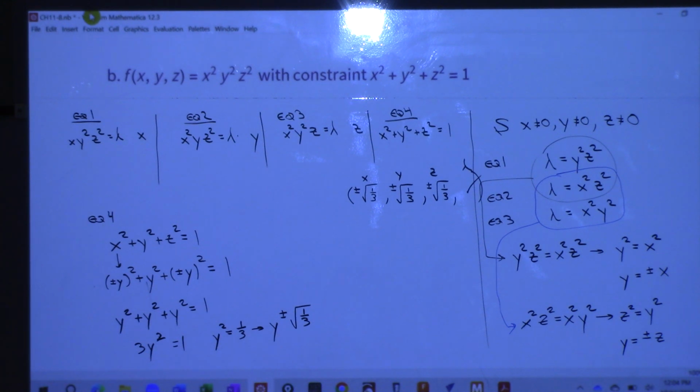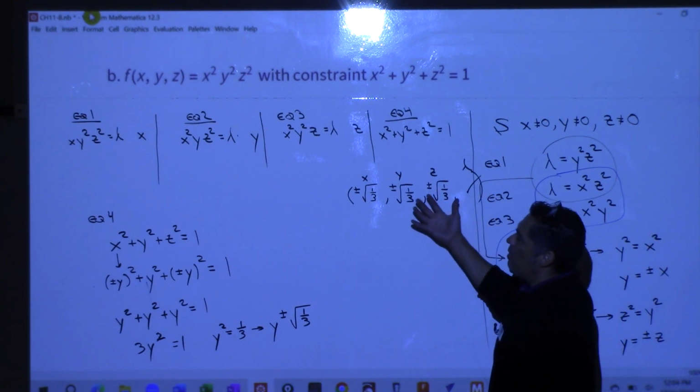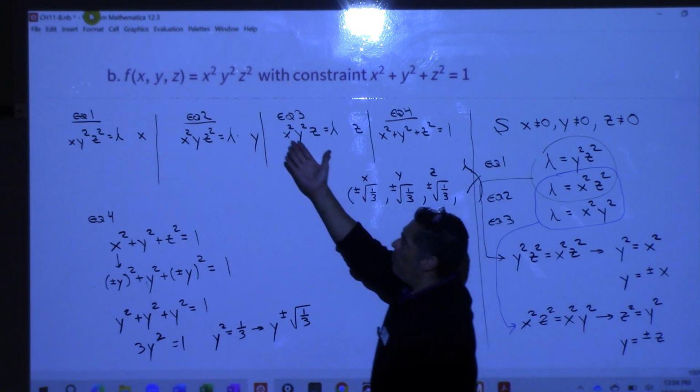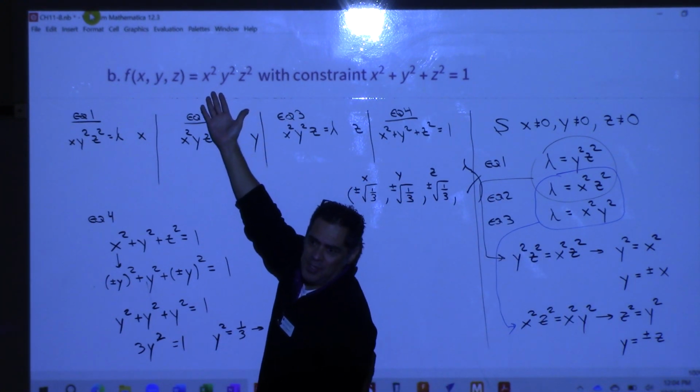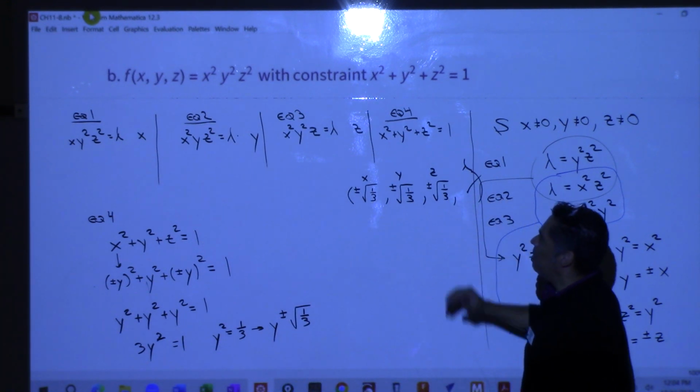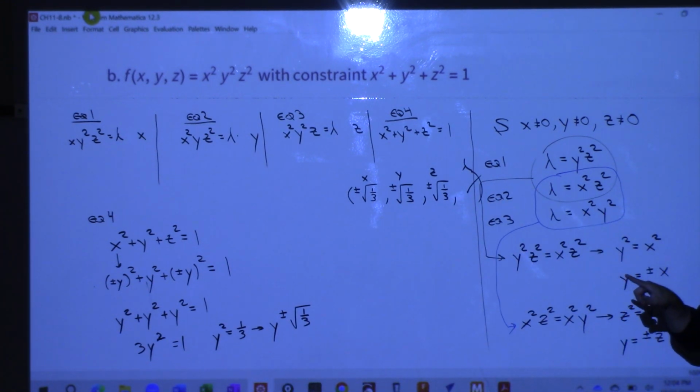But here's the thing. Does it really matter if we take all the positives and negatives here? Not in the grand scheme of things, because all of these different combinations plugged into this function give you the same result. Do y'all see that? Because they're squared, isn't that just going to be 1/3 times 1/3 times 1/3?